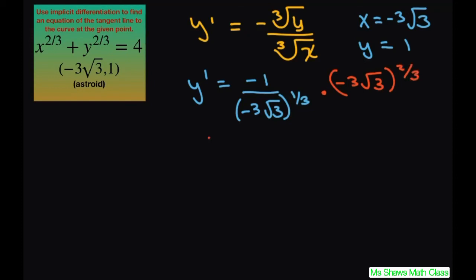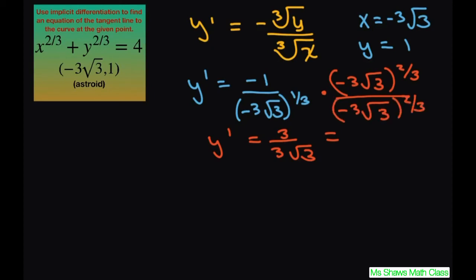And this is going to give me y prime equals 3 divided by 3√3, which equals, you have to do this to the denominator as well. And that's going to give you 1 divided by √3.